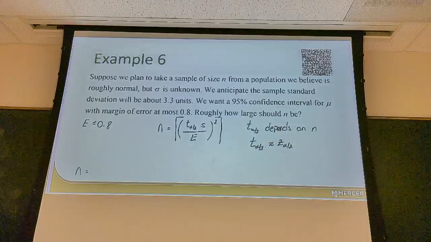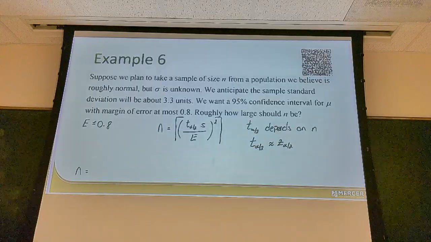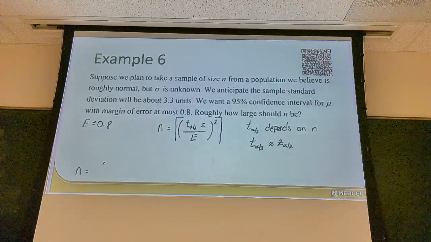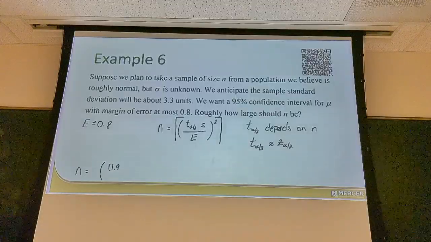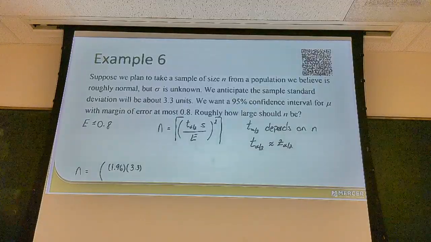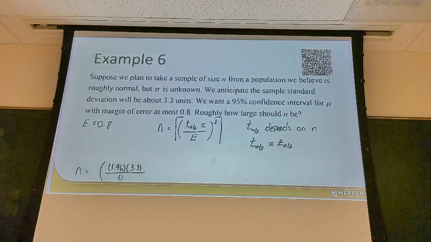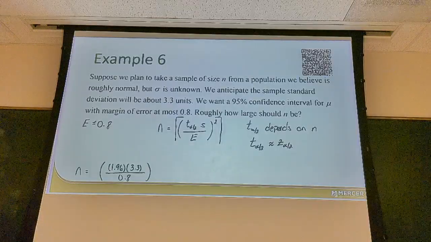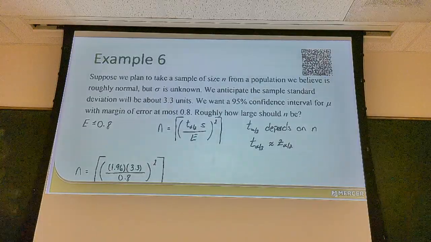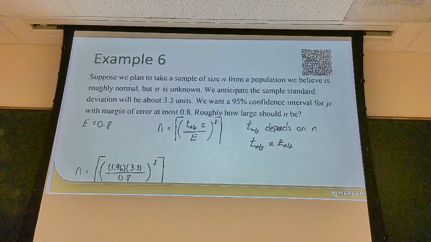For a 95% confidence interval, that z-score is 1.96, times the sample standard deviation, all over our E of 0.8. And we take the ceiling. And remember, we always round up.